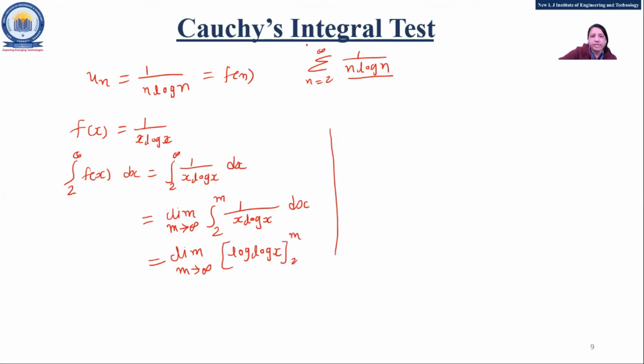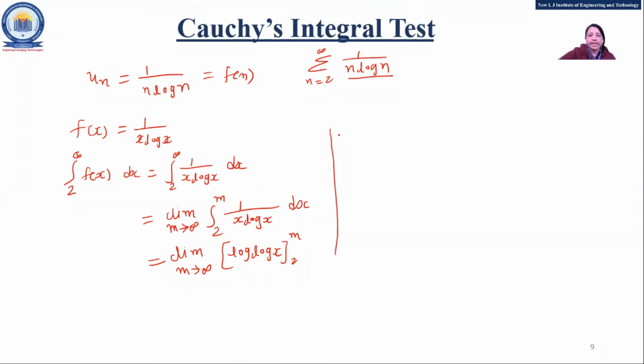Okay, how would it come? Yes, Kunj Patel. Let log x equal to t, then differentiate that. Okay, you have assumed that log x equal to t, and then you can do it. That is also correct.